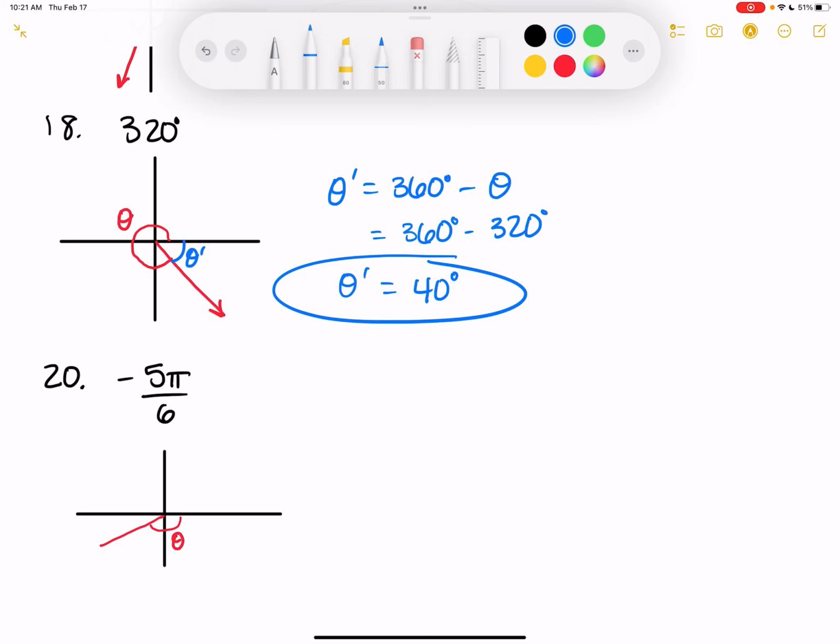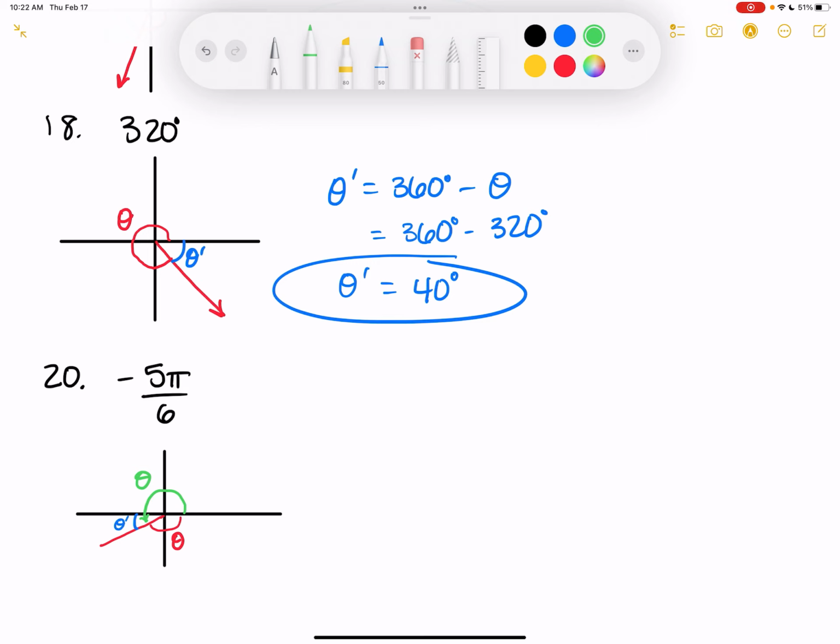But my theta prime is always in contact with the x-axis, so it's there. The positive theta value that I'm going to use starts here and goes up and around. So this is actually the theta that I'm using. Which is what?